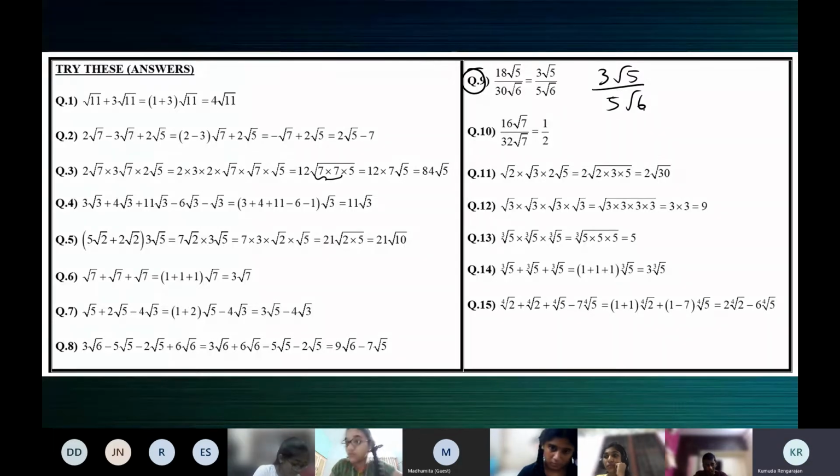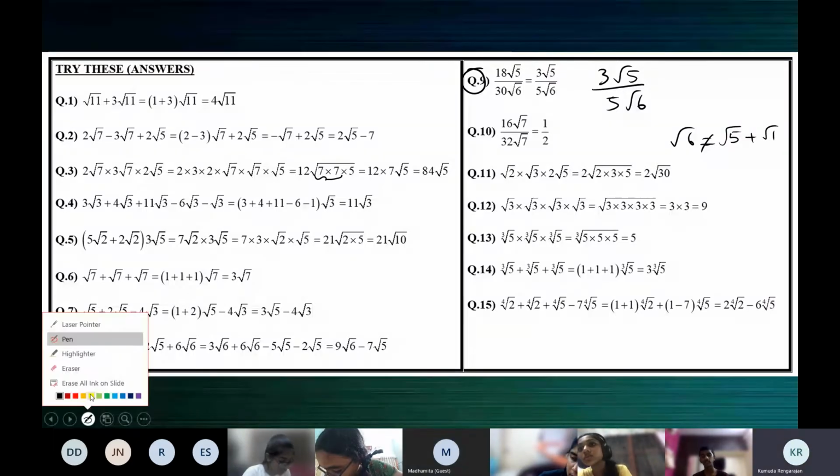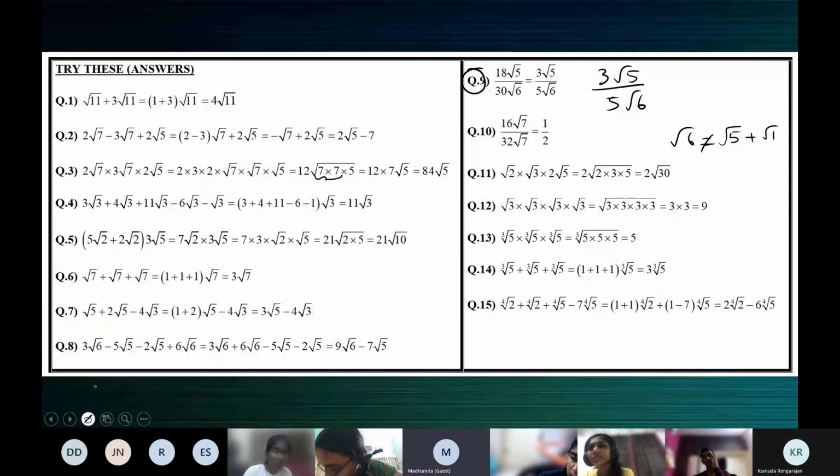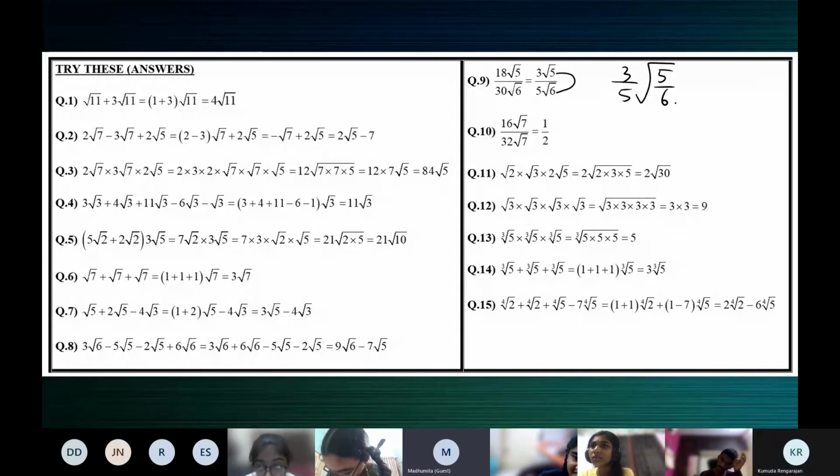No. Root 6 is not equal to that. You are saying root 5 plus root 1 or something like that. No, ma'am. I said we can subtract both the roots, like root 5 minus root 6. It's division, no? Yes, ma'am. But there's that property, no, ma'am: a power m divided by a power n is a power m minus n.